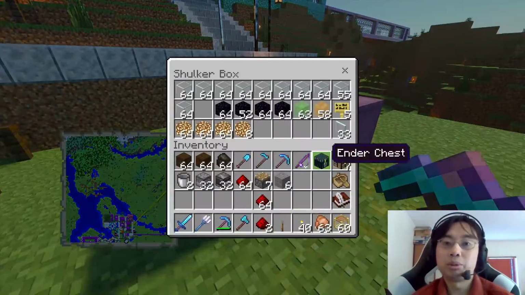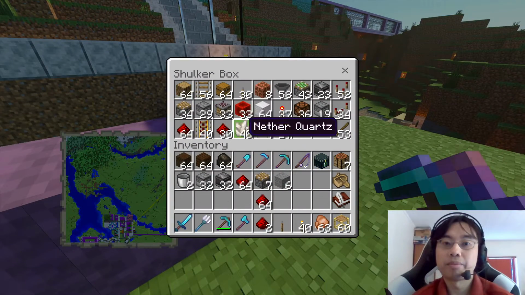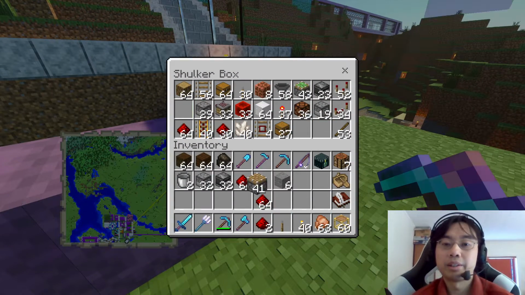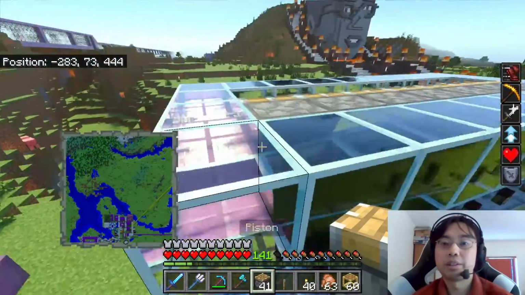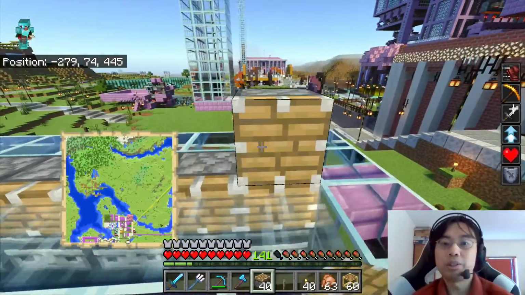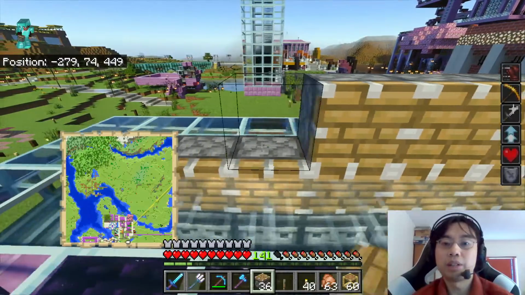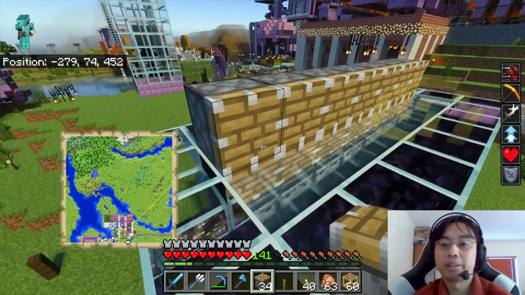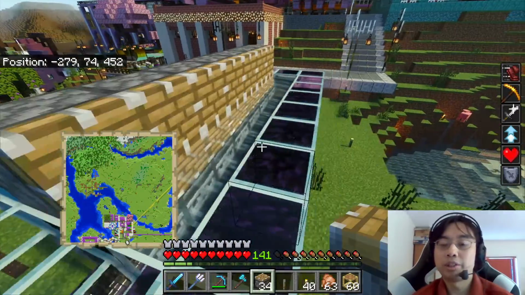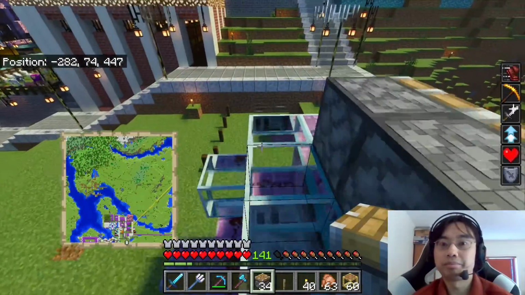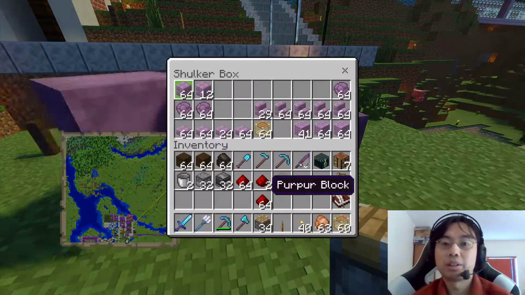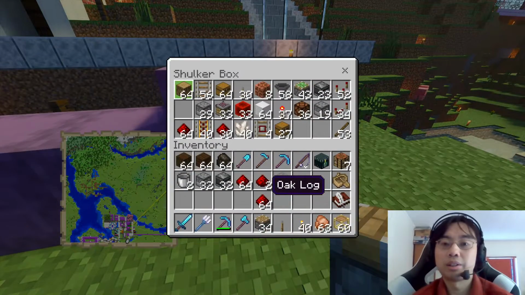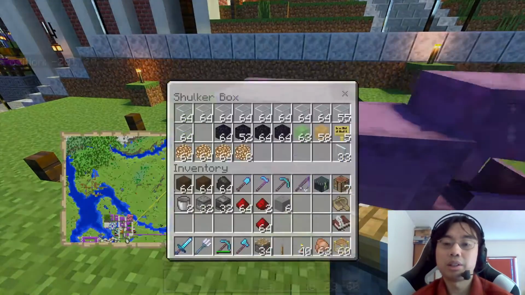I'm gonna need more pistons. Alright, so then we're up here. This is the lava. The lava is above here. I need glass.